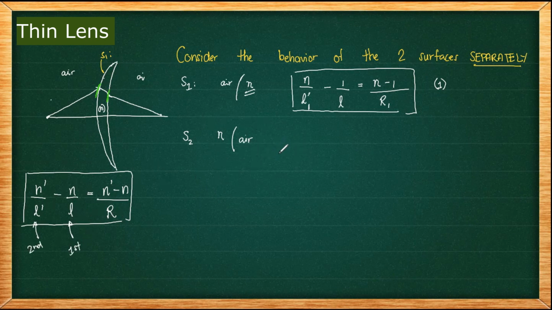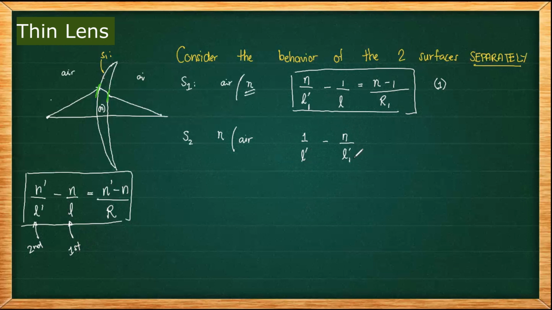This time the second medium is air, so that will be 1 over l prime. We don't put 2 anymore, it's already the final image anyway. So l prime, and then minus, for the first medium, n over l prime 1.